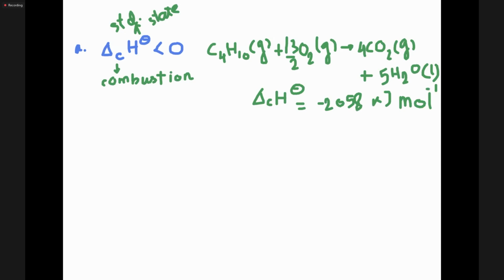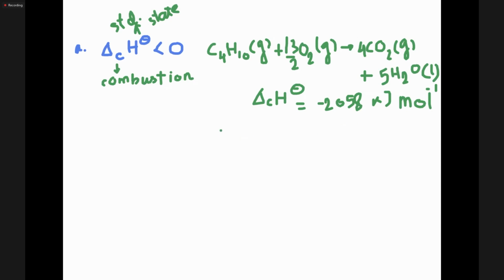That shows that it is an exothermic reaction. Actually, all the combustion processes we will deal with majorly will be exothermic in nature. So now we have got the entire thermochemical equation, that is C4H10 plus 13 by 2 O2 produces 4 moles of CO2 and 5 moles of H2O.